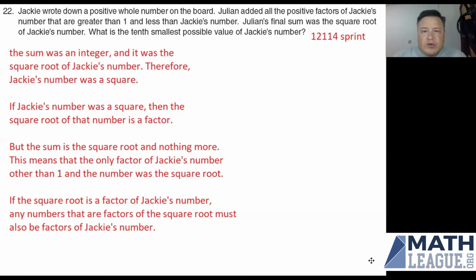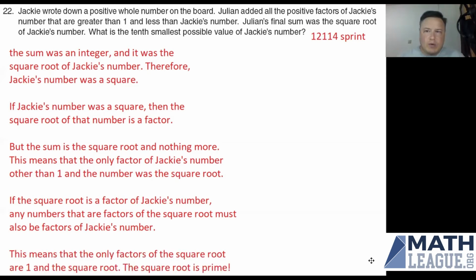But we were already told that the whole sum is just the square root, right? There aren't any other numbers. So the only factors that we could have are the square root and 1 itself, right? Remember, we're excluding 1 from the sum to begin with. So what do we know about numbers where the only factors are 1 and itself? That means they're prime, okay? So in particular, it tells us that the square root is going to be prime.